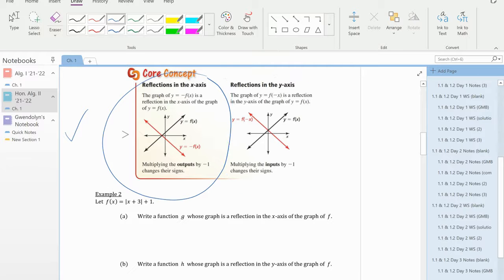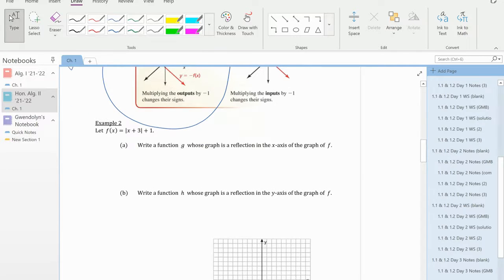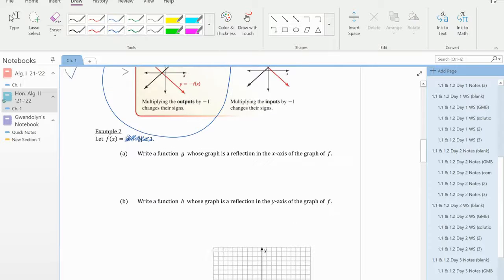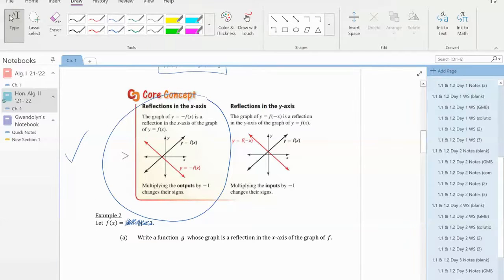So you've got to know reflections about the x-axis. Again, it's an absolute value function. Let's just ignore it for a second. Write a function g whose graph is a reflection in the x-axis of the graph. Remember what we were talking about the other day? You take all the answers you did have and flip them over the x-axis. That means you're going to do the opposite of whatever that function is.